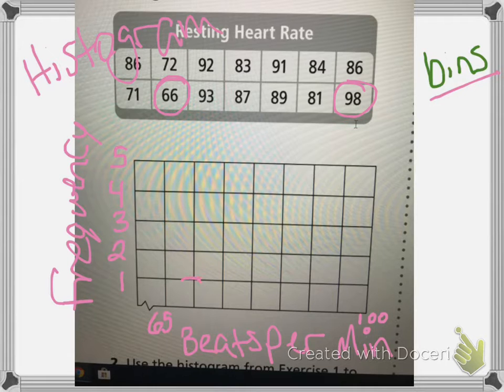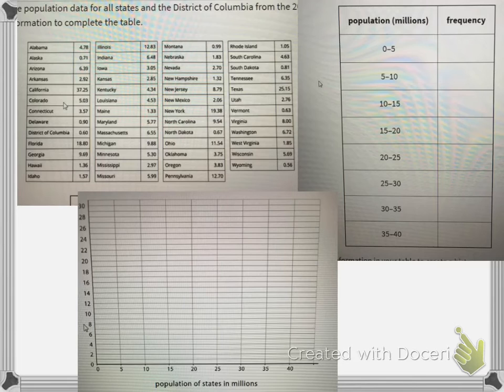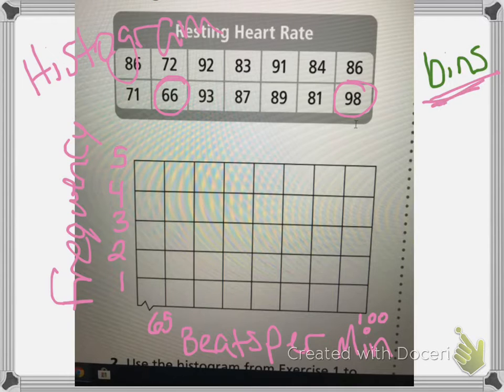I would maybe put my graph here and then 70 and so forth. So all of my bars would be exactly the same height, and that doesn't really tell us anything. So what I want to do instead is create what we call bins, which I've overlined here.